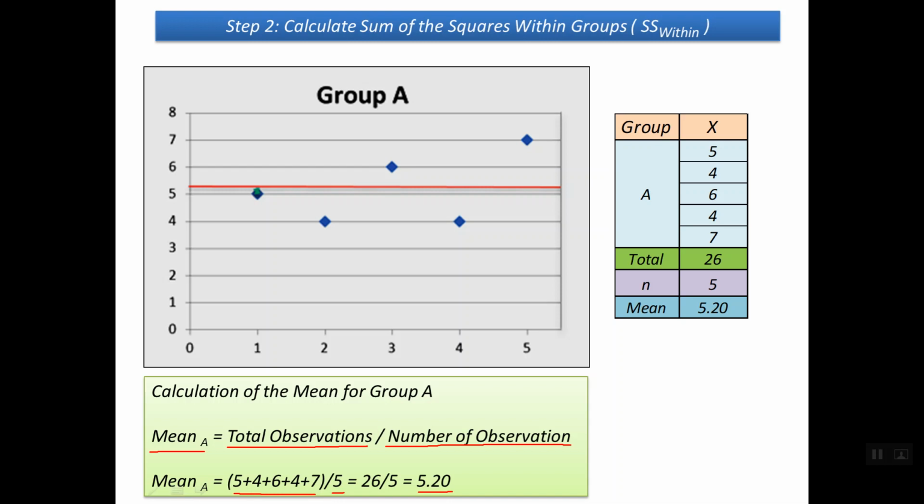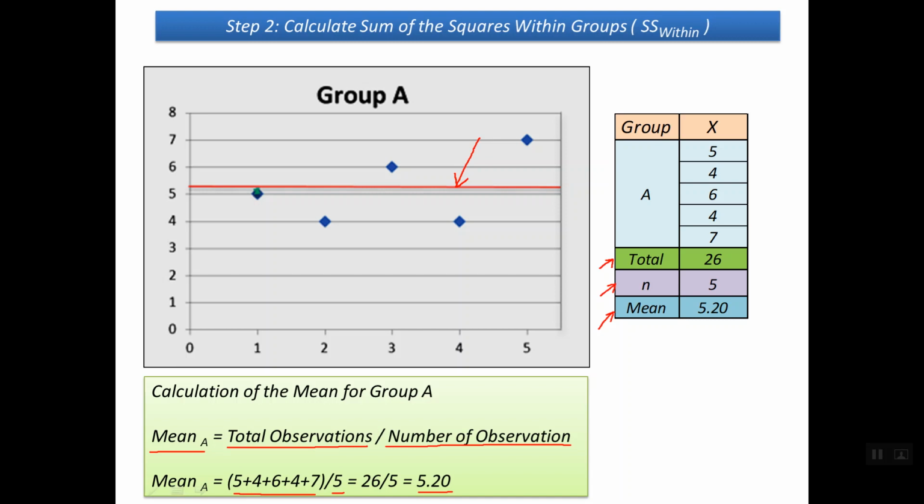So for group A, the total of observations is 26. The number of observations is 5. So the mean is simply 5.20. The red line in the diagram here represents the location of the mean for group A.